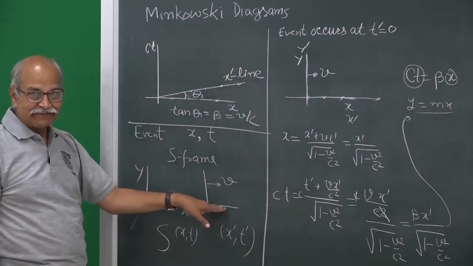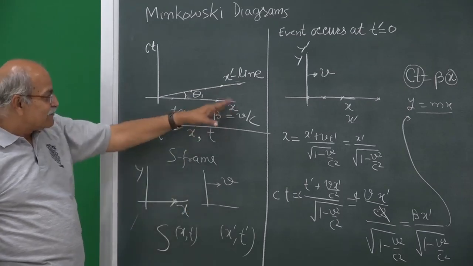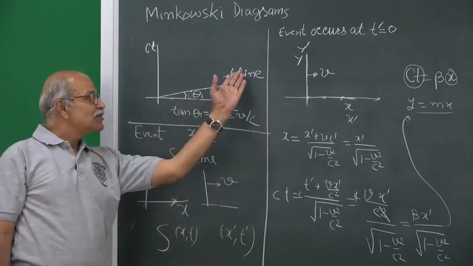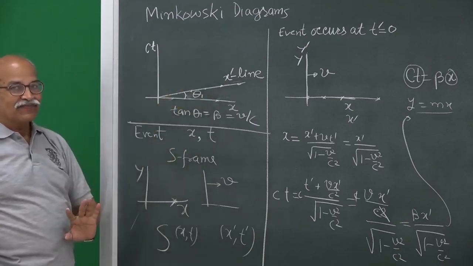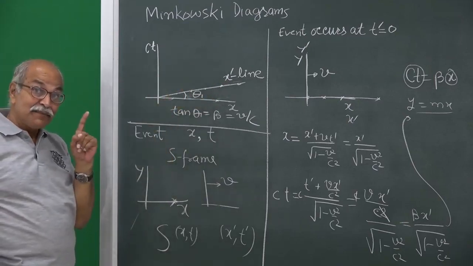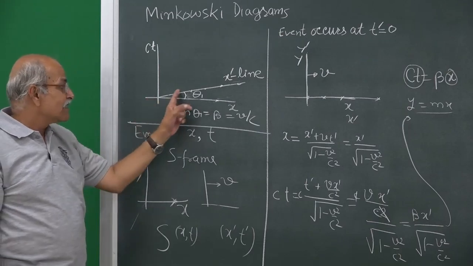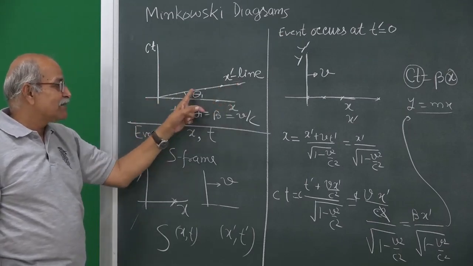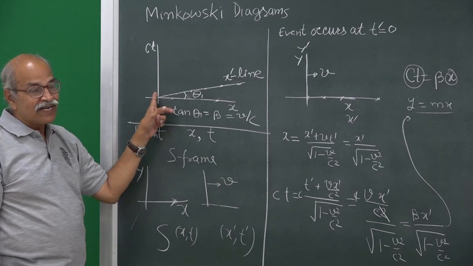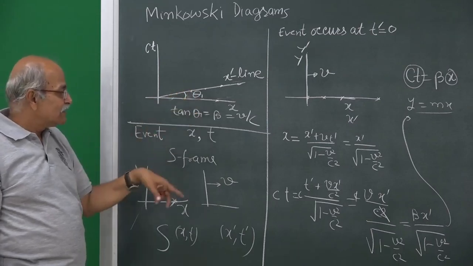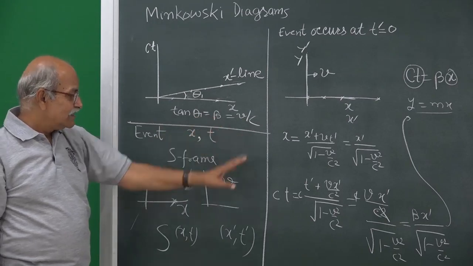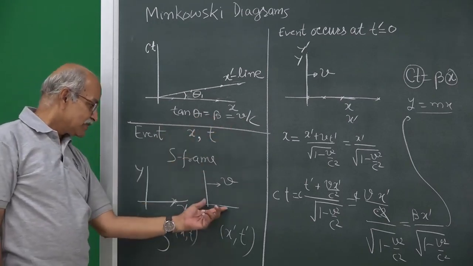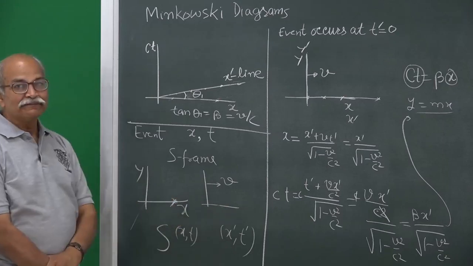This is the same x, but this is not the axis as such. So, let me call it x prime line, but it has the same idea. On this line, for every event t prime is equal to 0, and this line is at a certain angle theta 1 from the x axis, and tan theta 1 is beta, which is v by c, and this v is the velocity of this frame with respect to this frame.